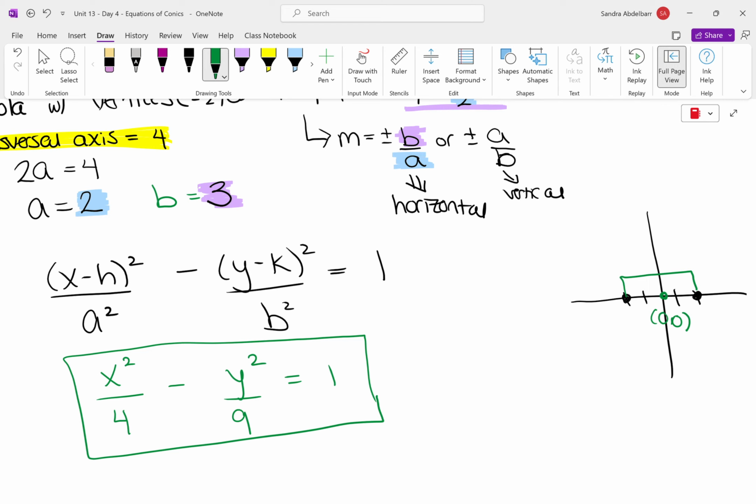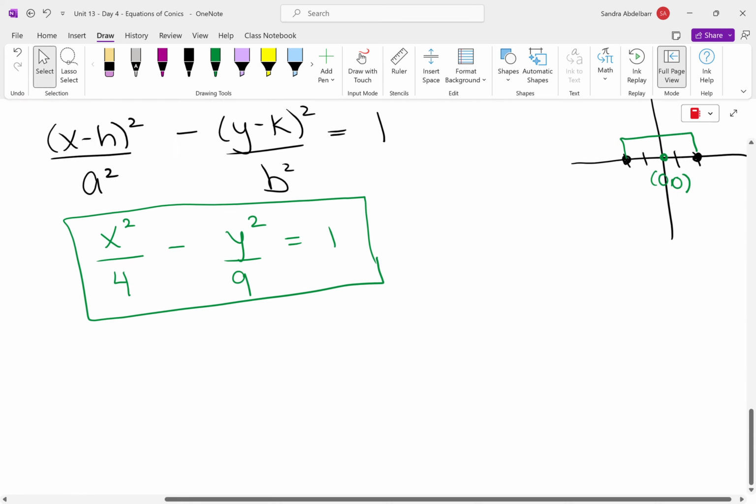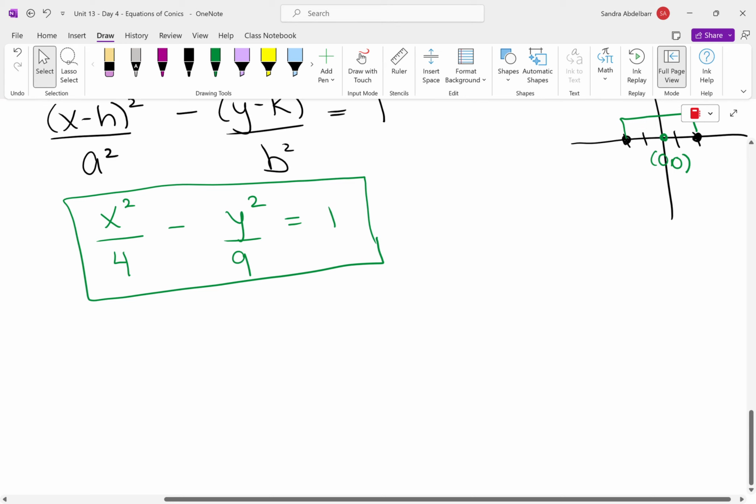And also we always consider b positive because b is like amount of units we're counting. So it's a distance. So we always count it positive. And because it's a hyperbola, the a will be on the positive side. Exactly. Yep.